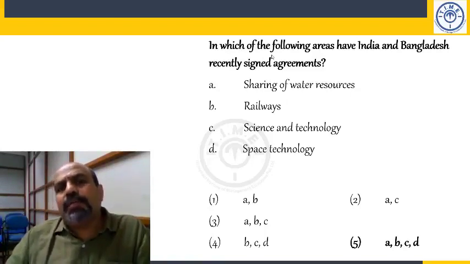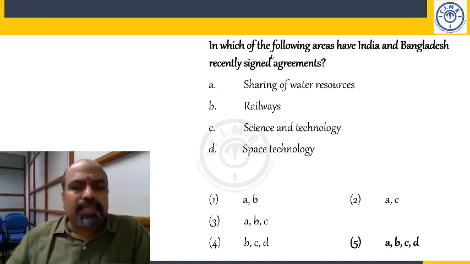So to a large extent, these have been built by India. Okay, money and everything has come from India.